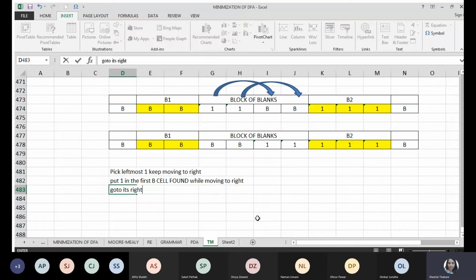It's right to check whether a blank cell is there that needs to be filled with one.